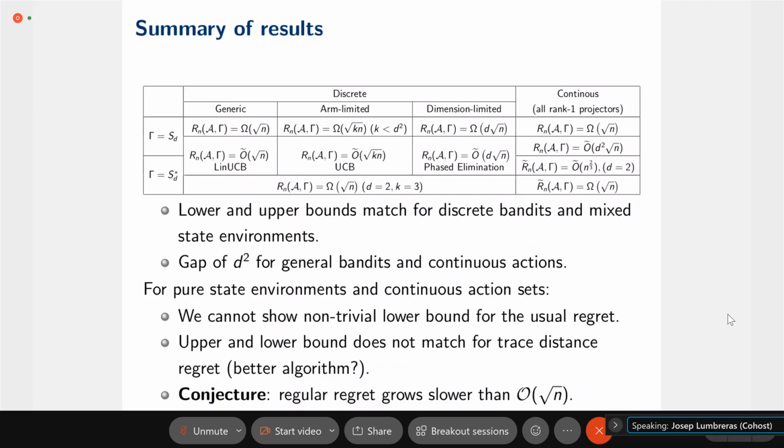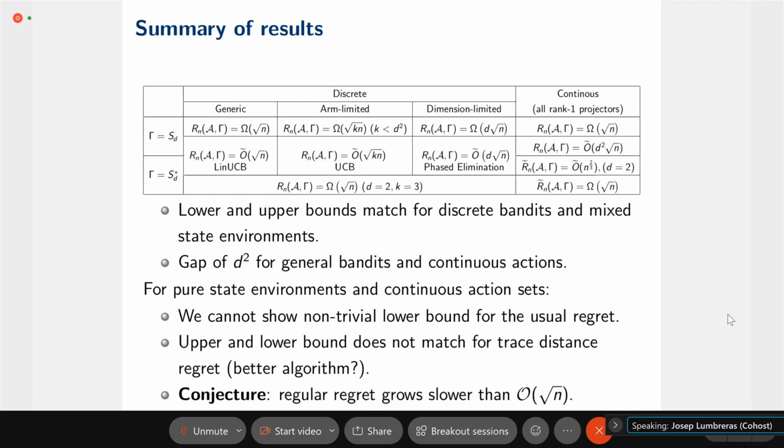And we think that here we can find better strategies for pure states that can beat, for the normal regret, the typical square root of n that we have in every example that we have studied. And for this trace distance regret, the upper bound goes as n to the 3, but it's a very naive upper bound because this algorithm is not very adaptive.